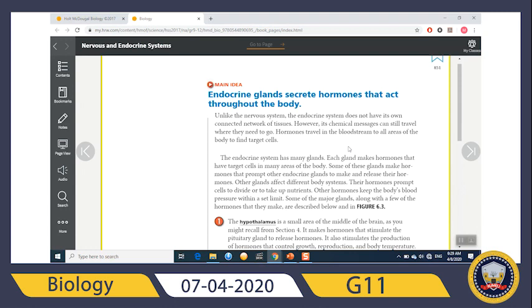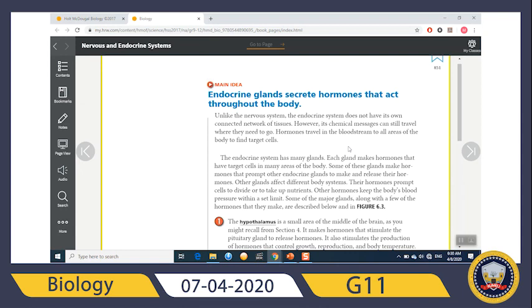However, the chemical messages, meaning the hormones, travel in the bloodstream to all areas until it finds the targeted cell. So the endocrine system does not have the same connected network, but it is very efficient in delivery.